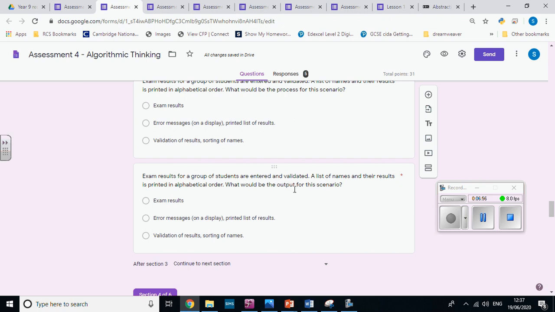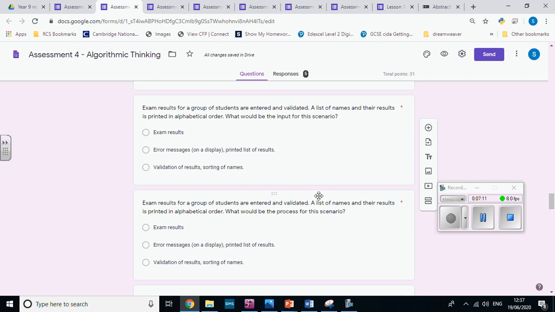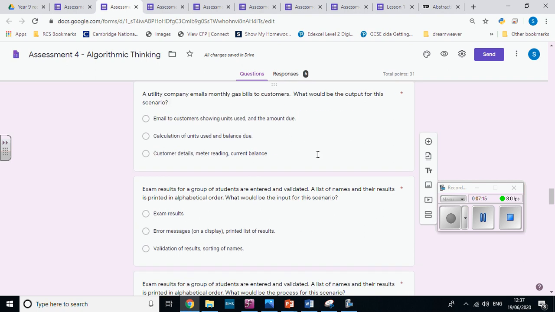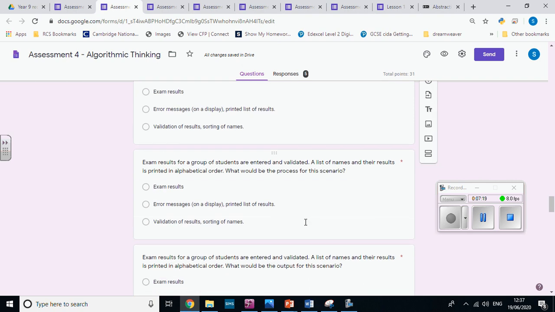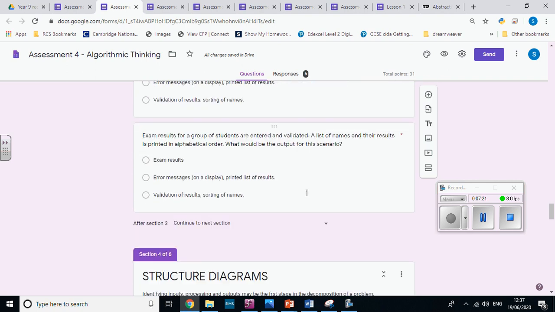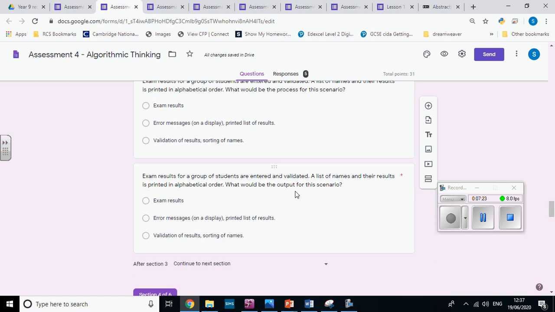Validated means that we are checking that the inputs match a certain criteria. So if you see the word validation, validation means we are checking that the input entered matches a certain criteria. And that will help hopefully with some of your answers. Okay. Once again, good luck.